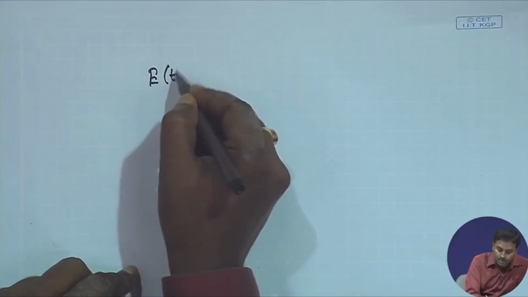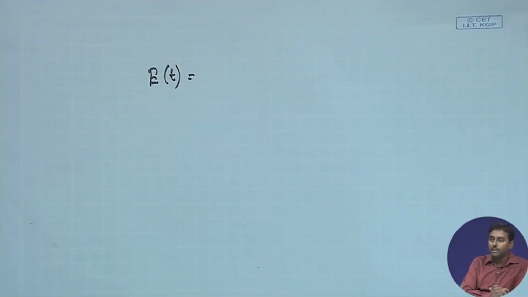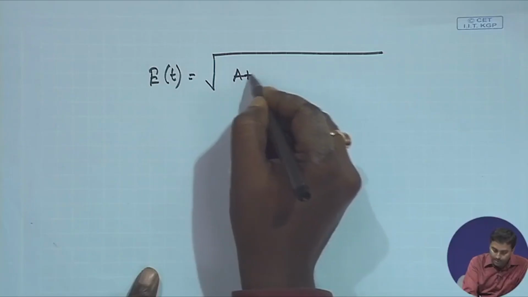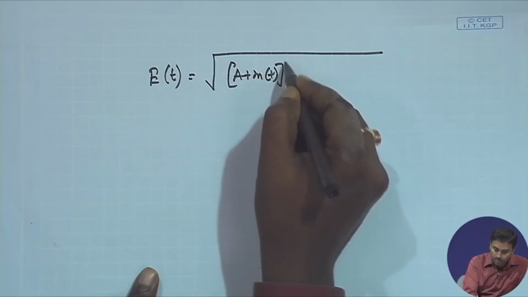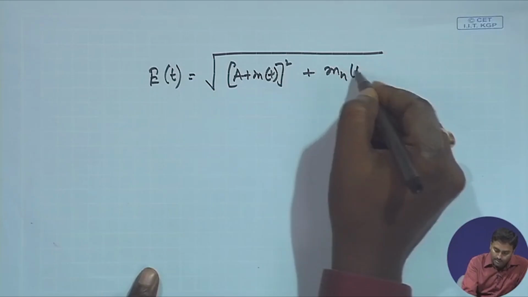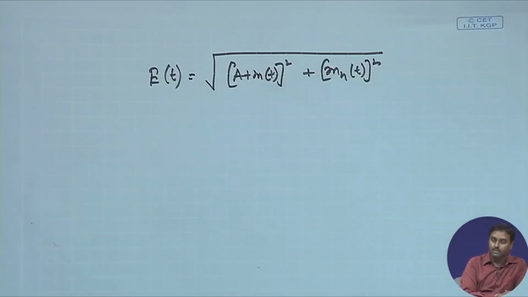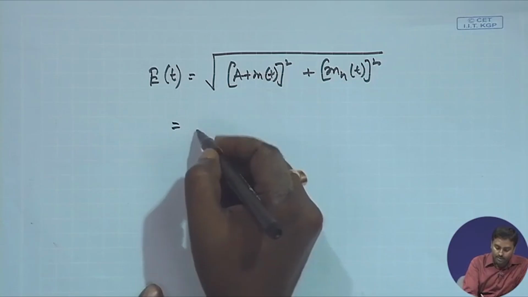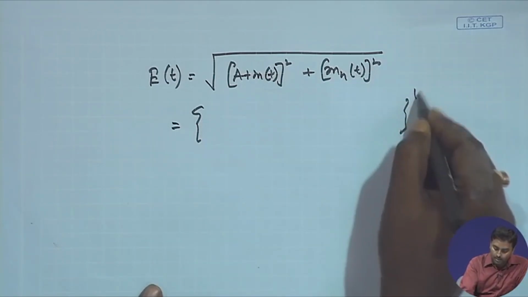Now let us see if the envelope detector gives me the signal back. If that is E square, then what is E(t)? This is the envelope I will be detecting through a diode detector, passing it through a diode detector with charging and discharging the way I have designed it. If I do that, that should be the square root of (A plus m(t)) whole square plus m_h(t) whole square. This I can further write as (A square plus 2 A m(t) plus m square(t) plus m_h square(t)) to the power half.